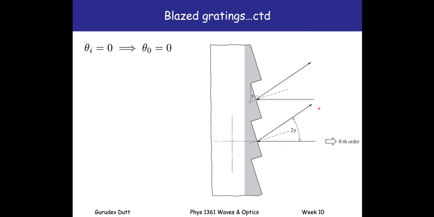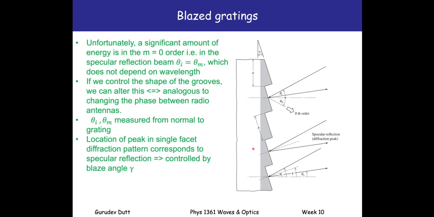So the reflected beam from one of these facets is going to be at an angle 2 gamma relative to the incident beam. In the diffraction condition, if theta I equals 0, theta 0 equals 0, which means that normally the reflected beam would go back along that direction. But for the specular reflection of this grating facet, in this notation, theta I is the angle with respect to the grating normal, which is this angle over here, and theta R is again the angle with respect to the grating normal, which is that.